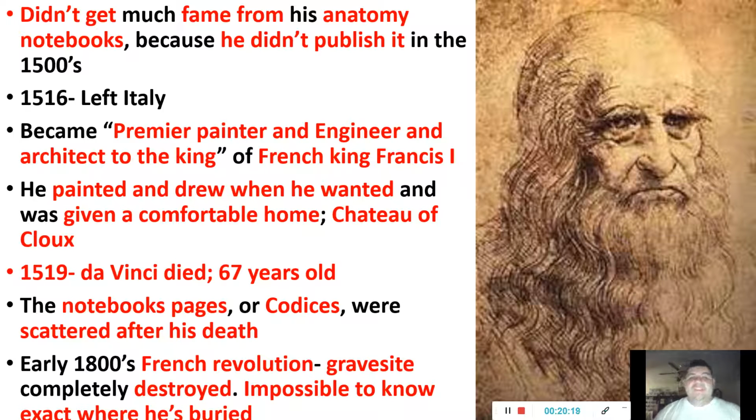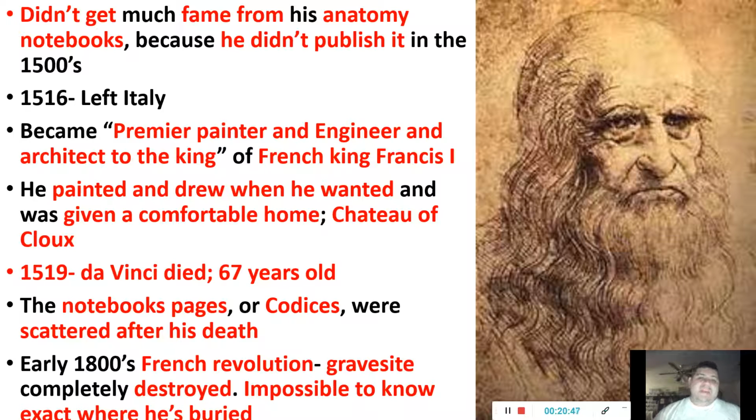Now, in 1516, he left Italy, and this is where the French King Francis I was like, dude, I gotta have you working for me. And he basically gave him the title Premier Painter and Engineer and Architect to the King. Now, what does that mean? He's going to get paid to basically paint and draw whenever and whatever he wanted.